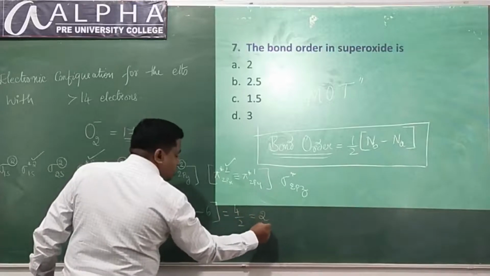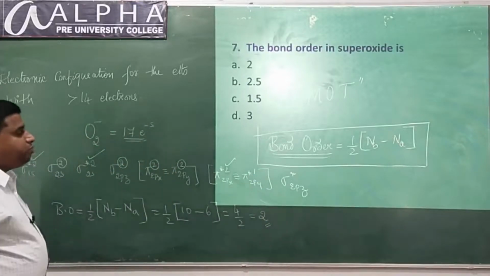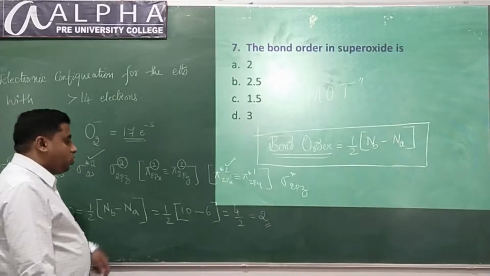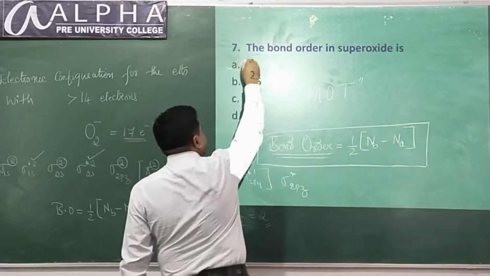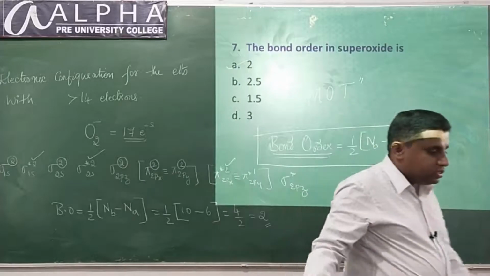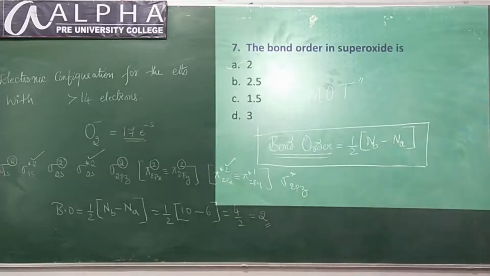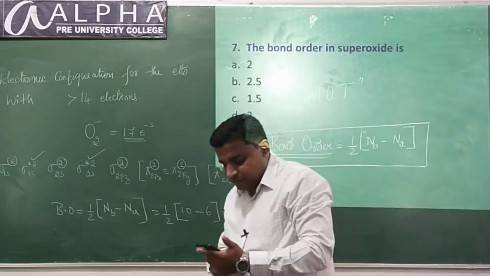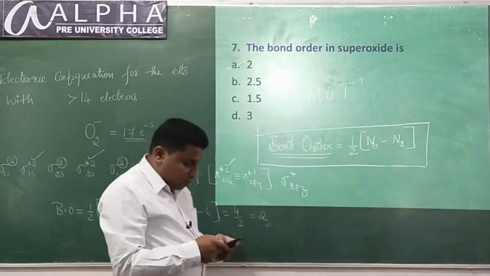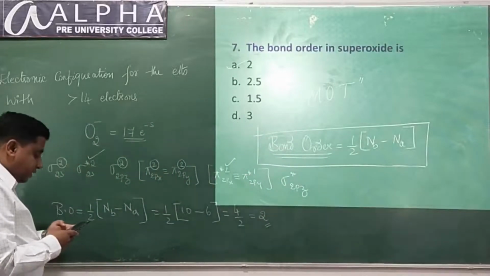So what is the bond order in superoxide? The bond order in superoxide is going to be 2.